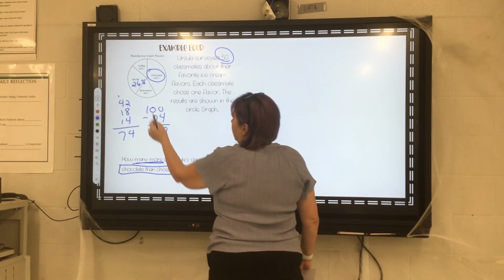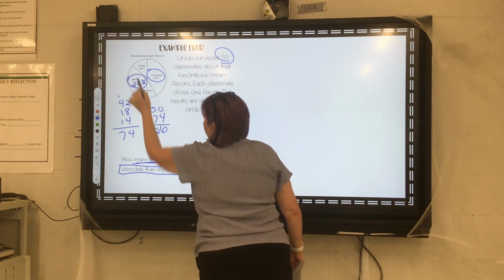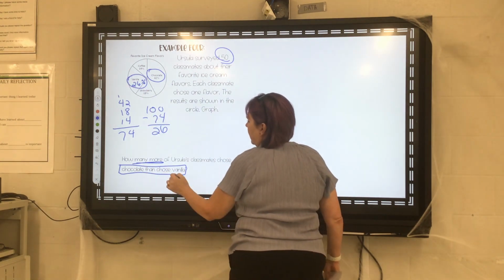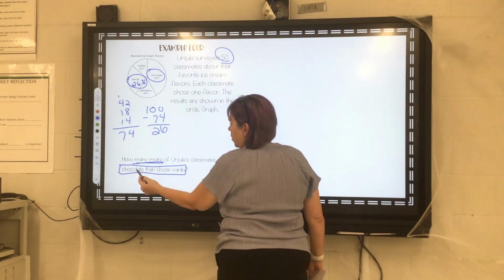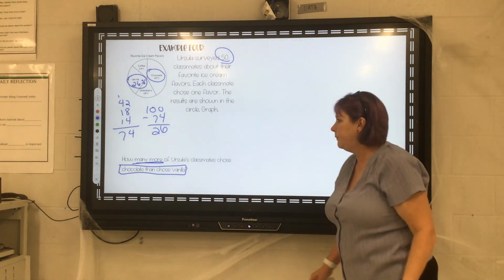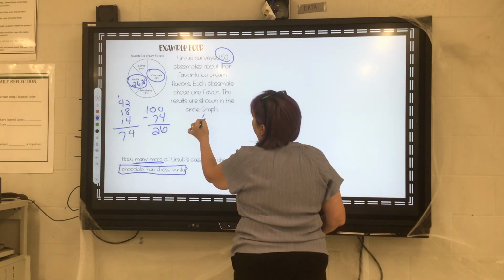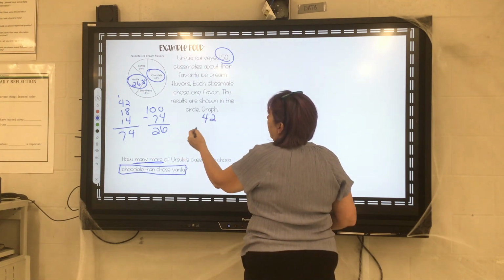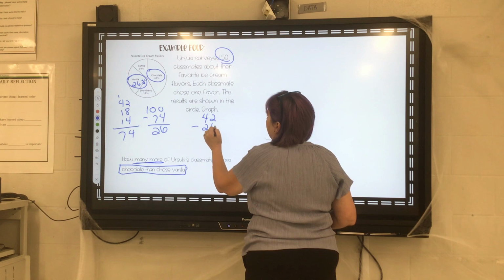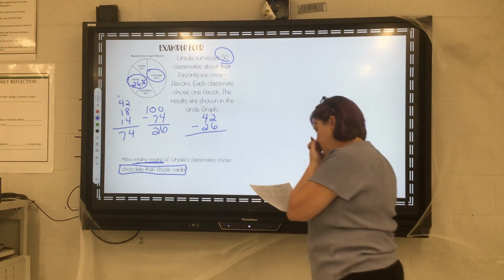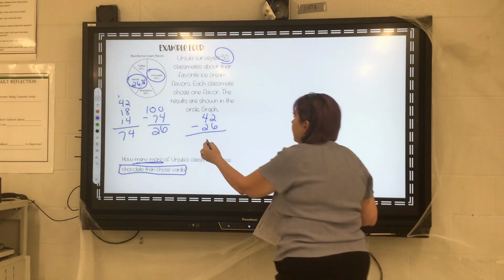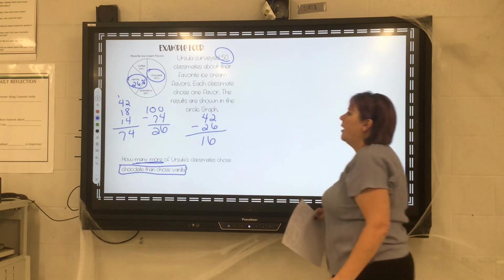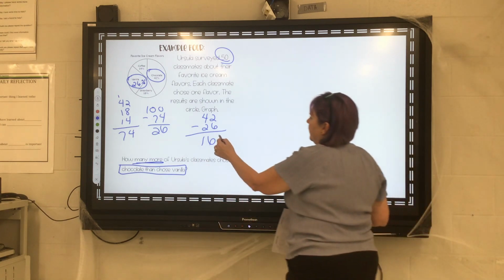So this is our vanilla and our chocolate. We still need to subtract vanilla from chocolate. Chocolate is 42, and we subtract the 26 from vanilla, and that gives us 16. That is our percentage difference.